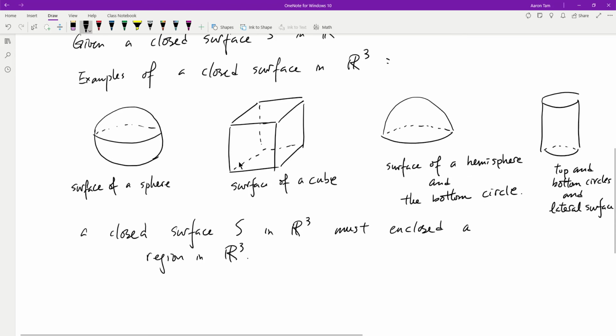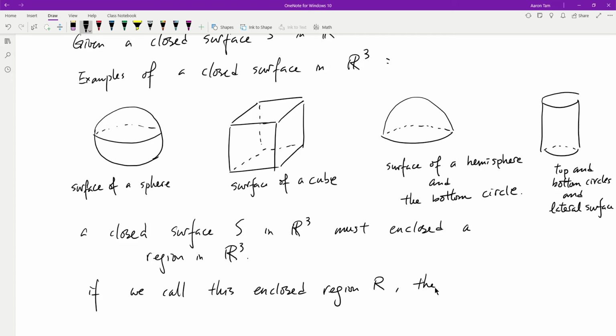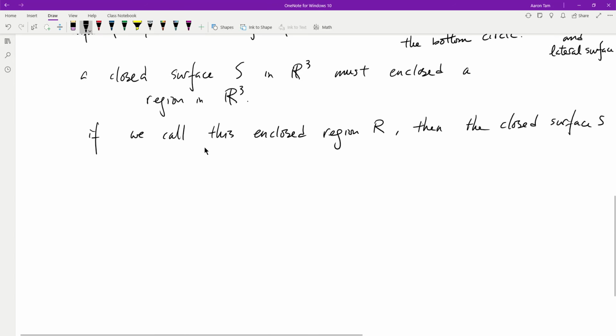In this case, what if we call this enclosed region R? Then the closed surface S will form its boundary.